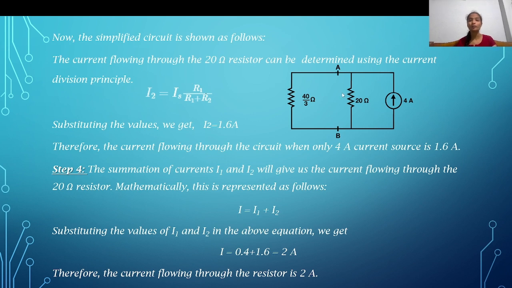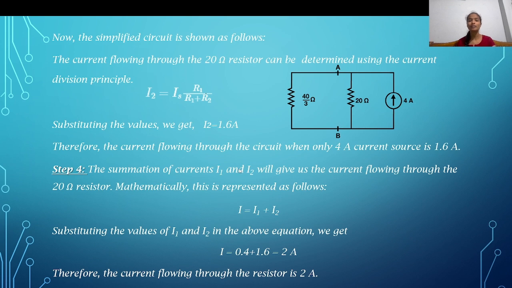The current flowing through the 20 ohm resistor can be determined using the current division rule. So here I2 is equal to Is, that is 4 amperes, times R1 by (R1 plus R2). Here Is is 4 amperes, R1 is 40 by 3, and R2 is 20 ohms. So we get I2 as 1.6 amperes.